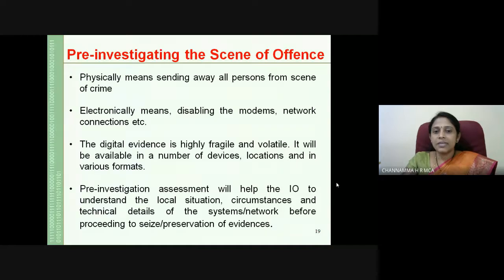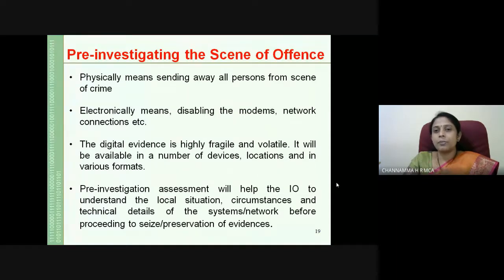And pre-investigation assessment will help the investigating officer to understand the local situation, circumstances, and technical details of the system or network before proceeding to seizure or preservation of the evidence. For any crime investigation, pre-investigation plays a major role.